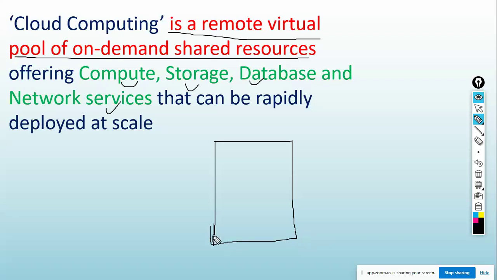I think some of the people know what EC2 is. This is my physical server. Remote virtual means this is one physical server. Yes, please say yes or no. Yes. Okay. Now with the help of virtualization, I will make it.